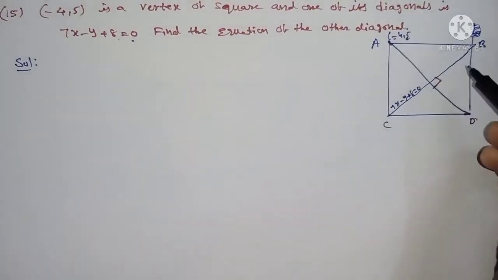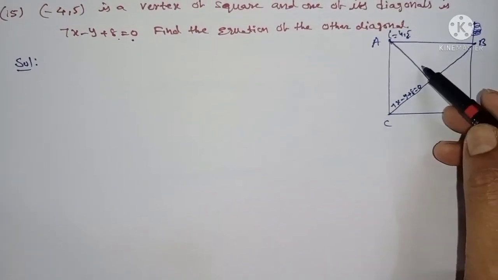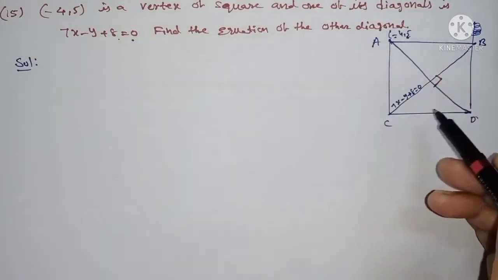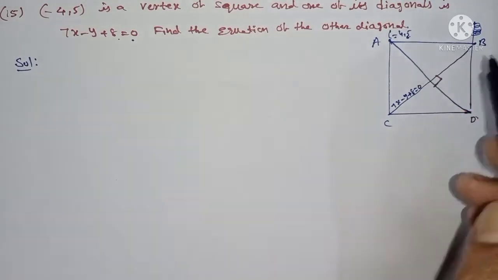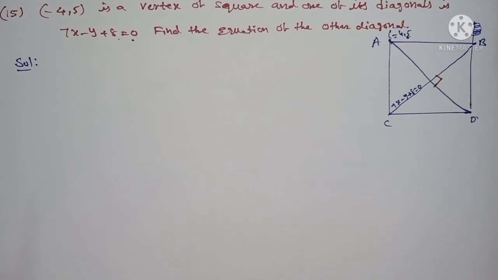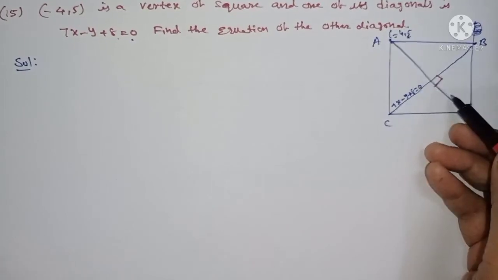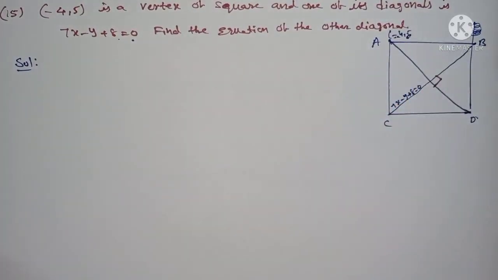You can observe that the given equation is perpendicular to the other diagonal, because if the two diagonals are perpendicular, then you can say it is a square. Therefore, find the perpendicular equation, that is AC, passing through minus 4 comma 5, and you get the answer. How to use this method, you can observe here.